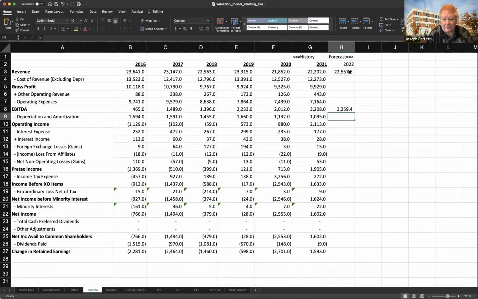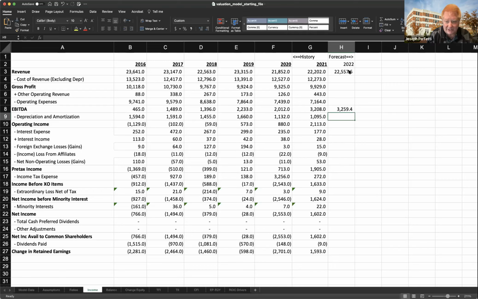Return. 3259.4. So that would be Nokia's EBITDA in 2022 if that ratio came true, 3259.4 million euros. Same process for depreciation.